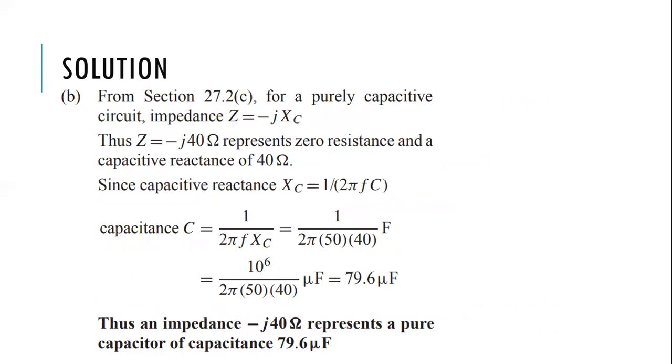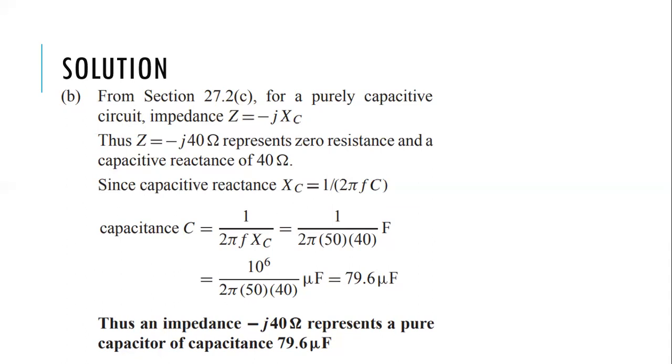For the B part, obviously you can see a negative j there. When you see negative, automatically you know it is a capacitance. And that means Z doesn't contain a resistance, it is a purely capacitive impedance. So it's minus jX because the R will be 0. So Z is minus j40.